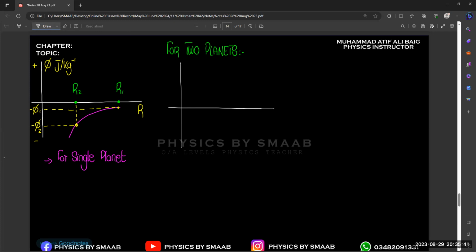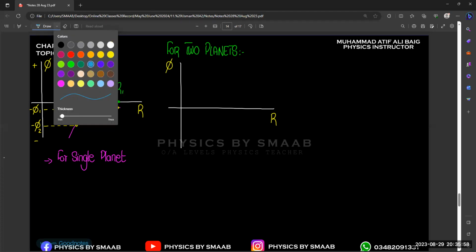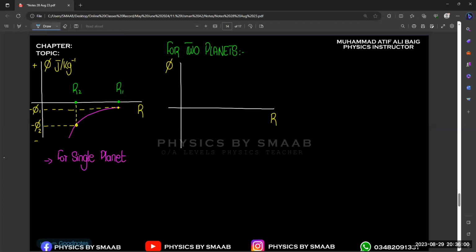Let's consider two points on this graph: on the x-axis we again have the parameter r, and on the y-axis the gravitational potential. Let's suppose we have surface 1 and then surface 2, this is the point for surface 1 and this is the point for surface 2.